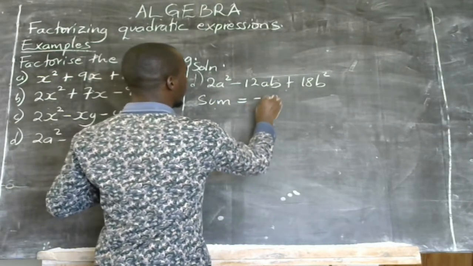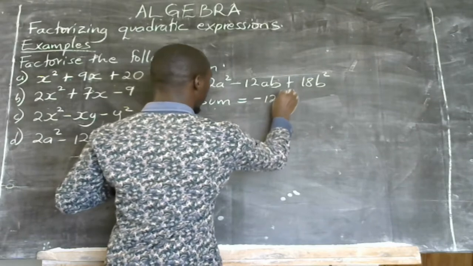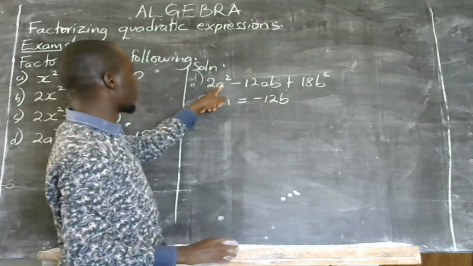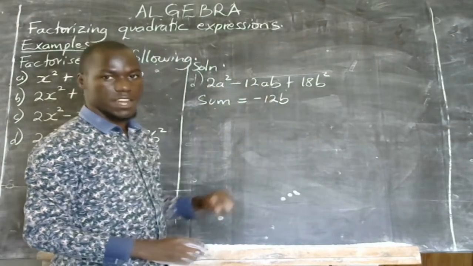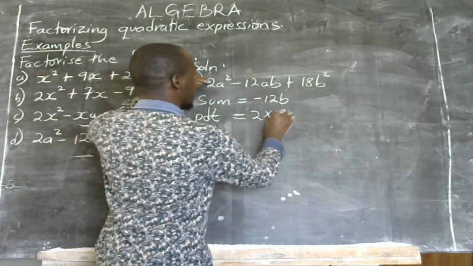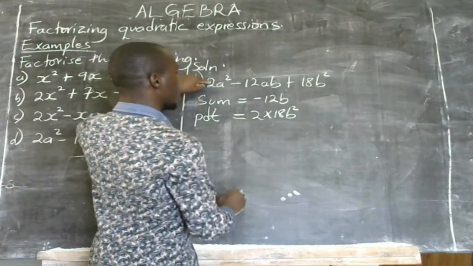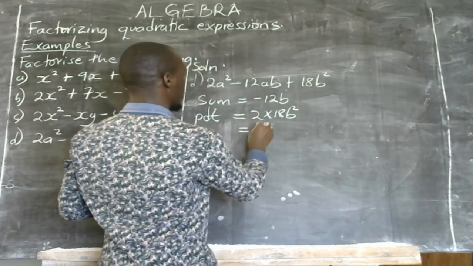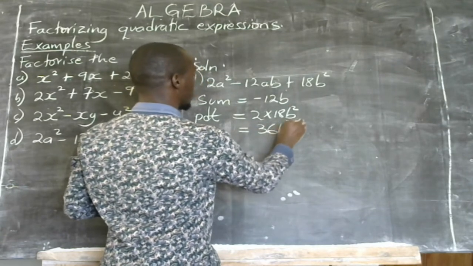So even here, the sum is the negative 12b if I take a to be the variable. The product becomes 2 times 18b squared, and this one here gives me 36b squared.